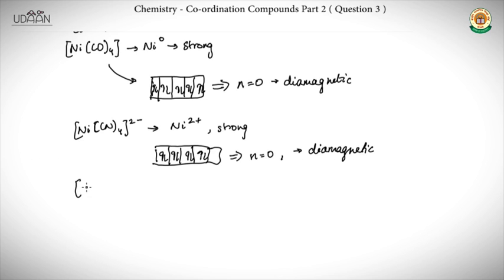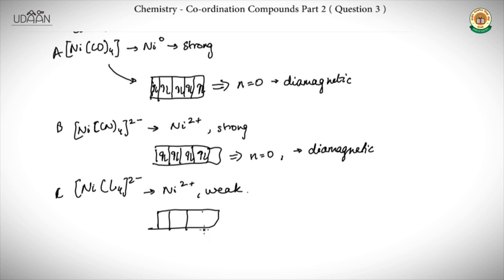Next, the C part, we have to check for NiCl4 2-. In this case, we have Ni2+ with a weak field ligand. So in this case, there will be no pairing. So we will make the same configuration that we made earlier. The two unpaired electrons will remain as such.